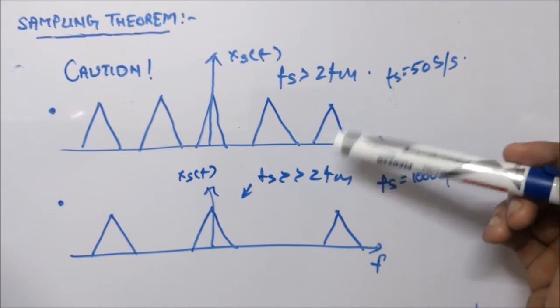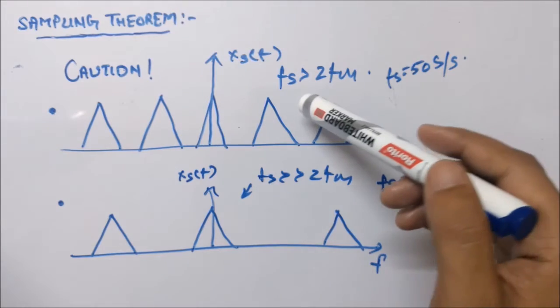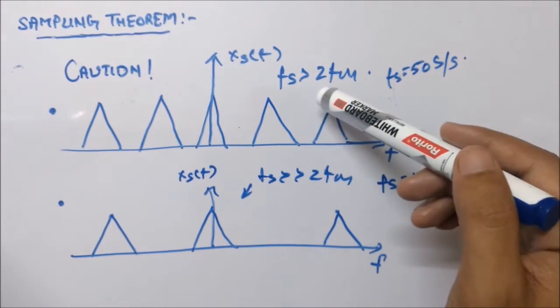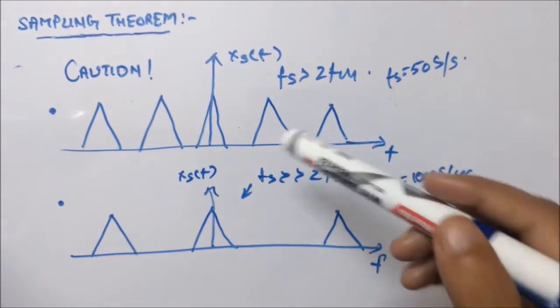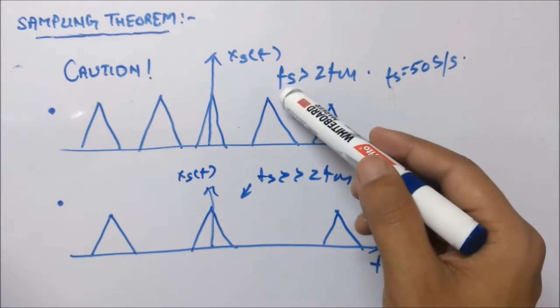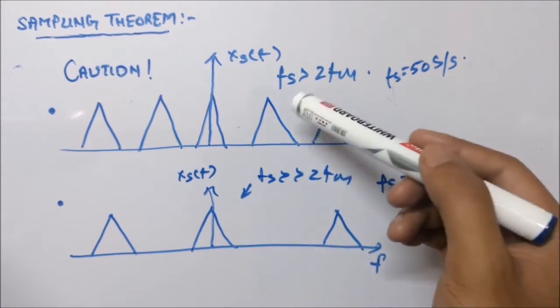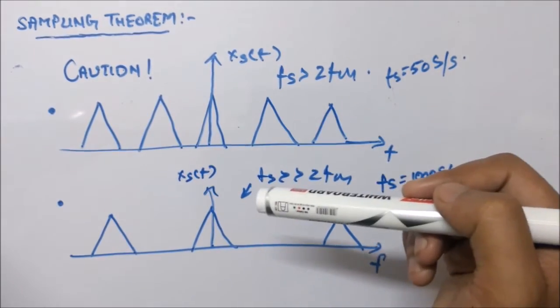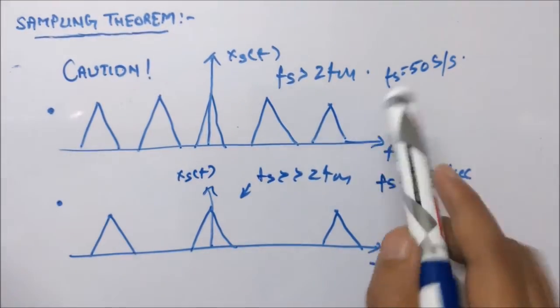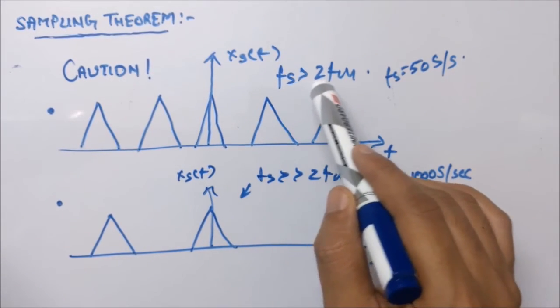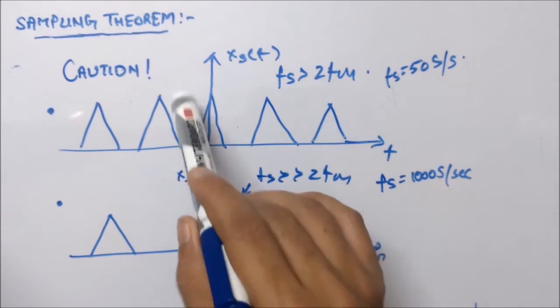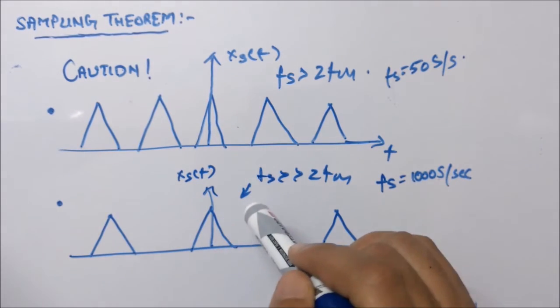Since the condition is that Fs should be greater than 2 fm, it's not like you go crazy and take the value as high as possible for Fs. You just have to remember that you take Fs greater than 2 fm such that you are able to recover your signal.